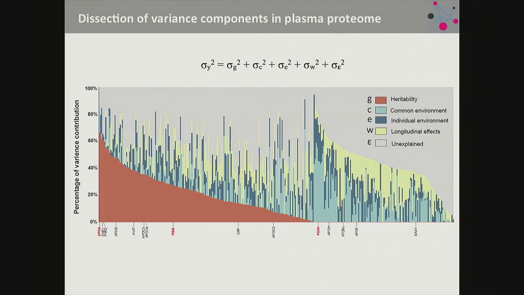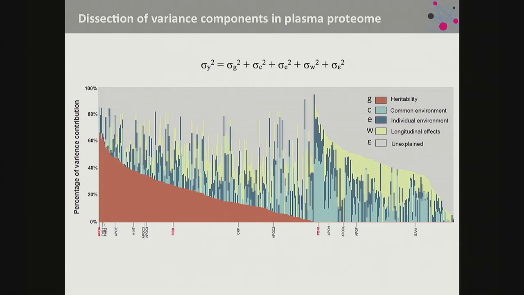So it is by no means so that every protein behaves in the same way. It appears that every protein has its own kind of life, in the sense of who controls its abundance throughout the duration of a person's life. Some are fairly tightly controlled genetically, others not so tightly but have a strong environmental effect, and others seem to change systematically longitudinally.